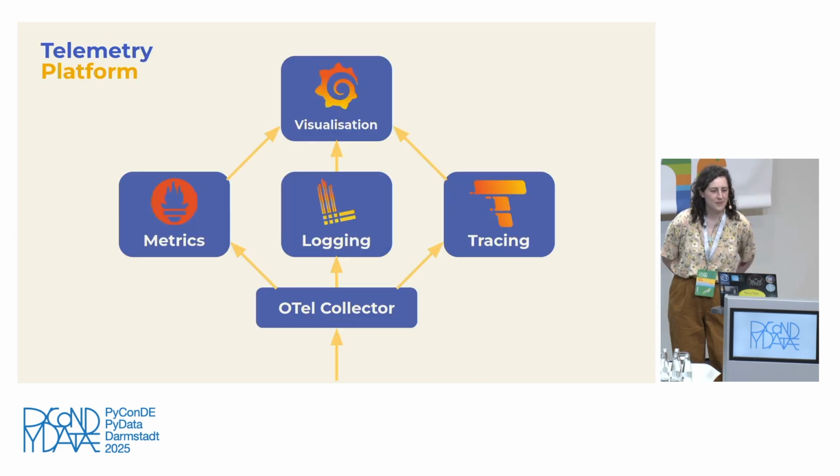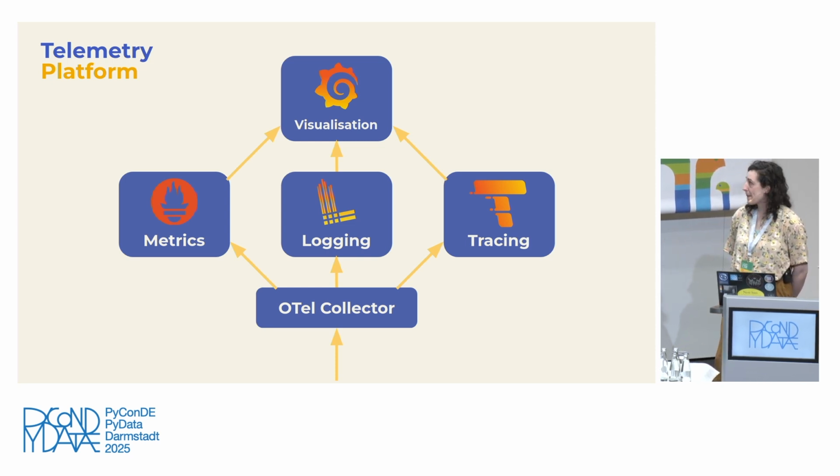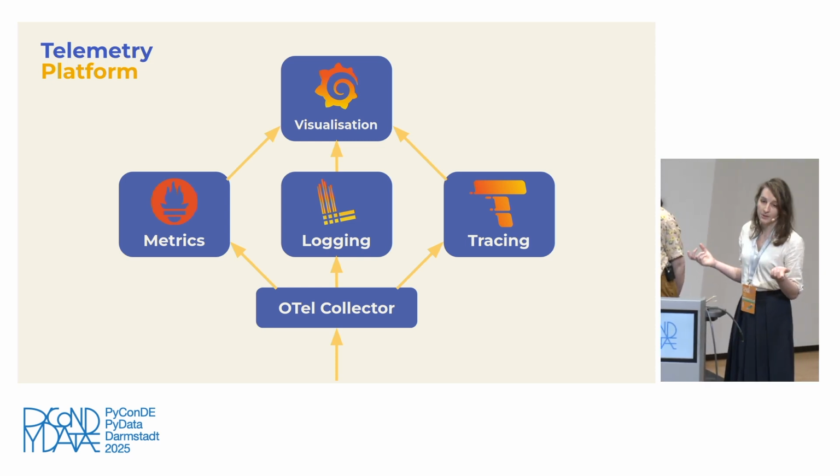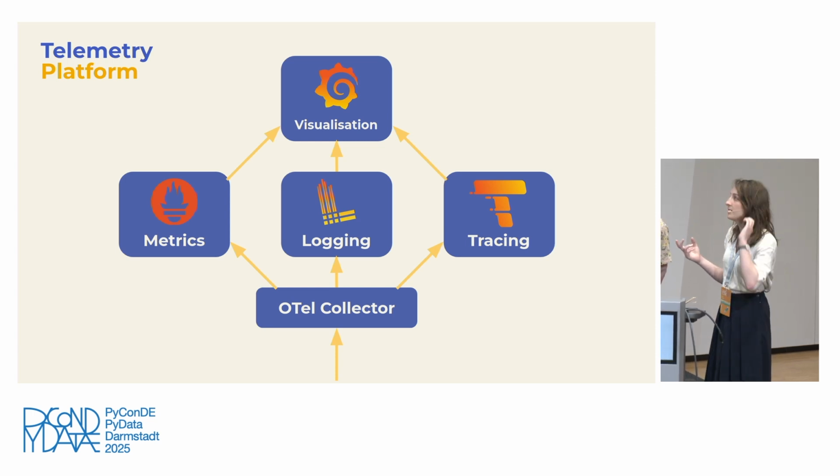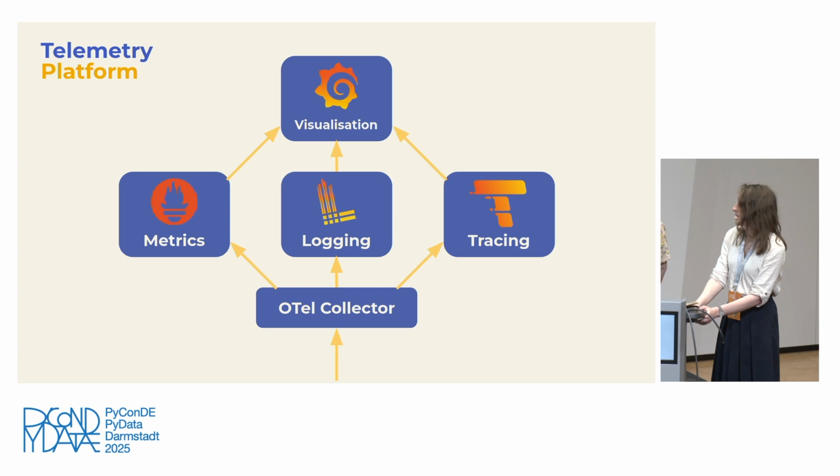As part of this workshop, we're going to be running a telemetry platform to support the ingesting and visualization of our telemetry data. We have opted, in this case, for a set of fairly popular open source telemetry backends. But the nice thing about OTel is that any one of these could be swapped out. For the tracing storage layer, you could maybe use different tooling, and likewise for logging, metrics, etc. For metrics, we're using Prometheus to store and process those metrics.